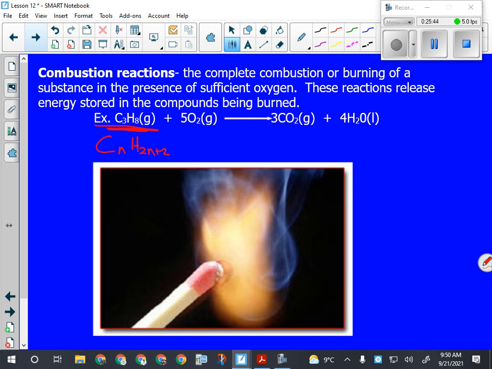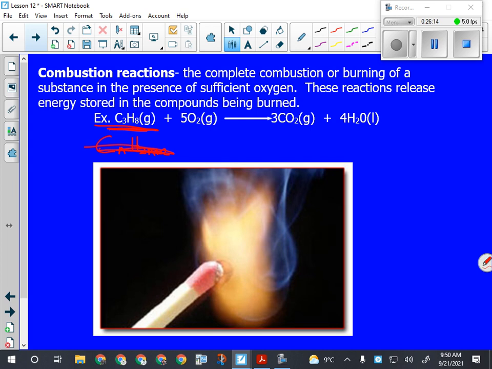Well, 2 times 3 is 6, plus 2 is 8. That's not going to be important for you guys, but it's always going to be carbon and hydrogen together, in some sort of number combination. And it's always going to be reacting with the gas necessary for things to burn, oxygen. So if you have a reaction that starts out carbon, hydrogen plus oxygen, it's combustion. It's a hydrocarbon combustion reaction.